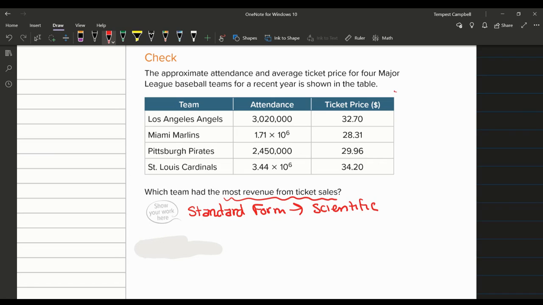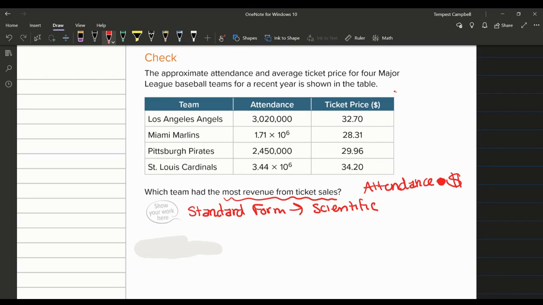Revenue from ticket sales means we have to take our attendance and add it or multiply it. No, not add. We have to take our attendance and multiply it by our ticket price, because that's going to tell us for every person how much they paid and then what was the total.